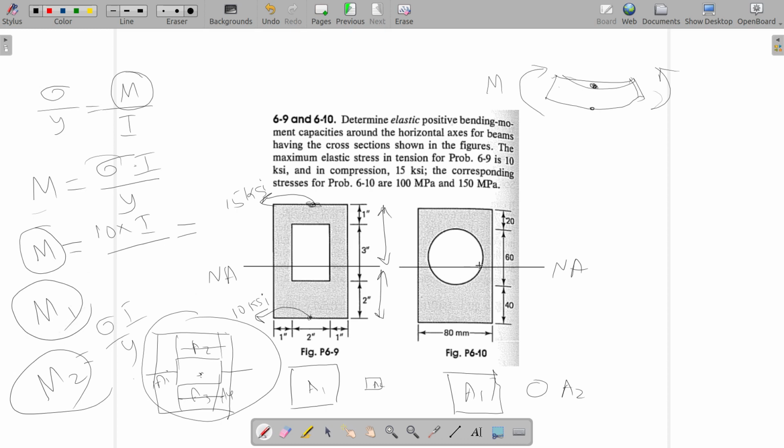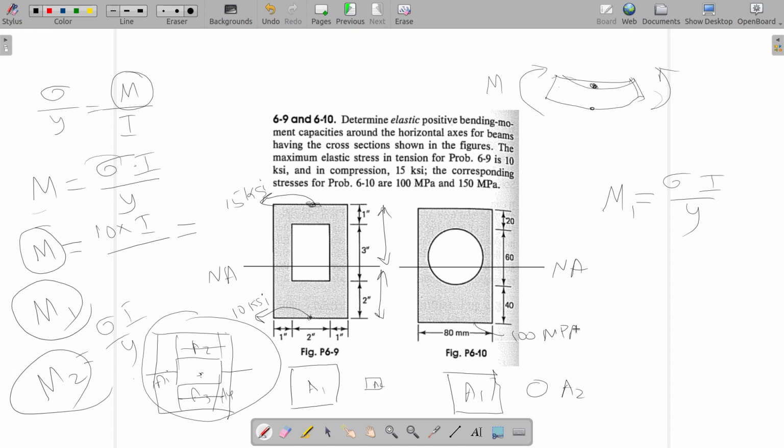So the exact same approach can also be done for the second problem. The exact same thing, calculate M1 as sigma I by y by assuming that here you have 100 MPa maximum tensile stress, which will be here.